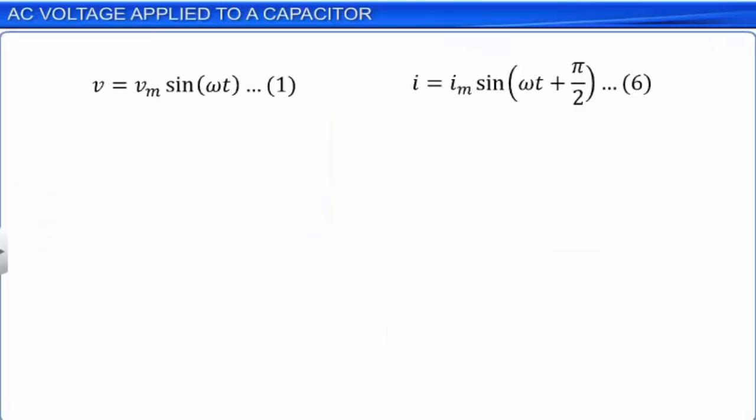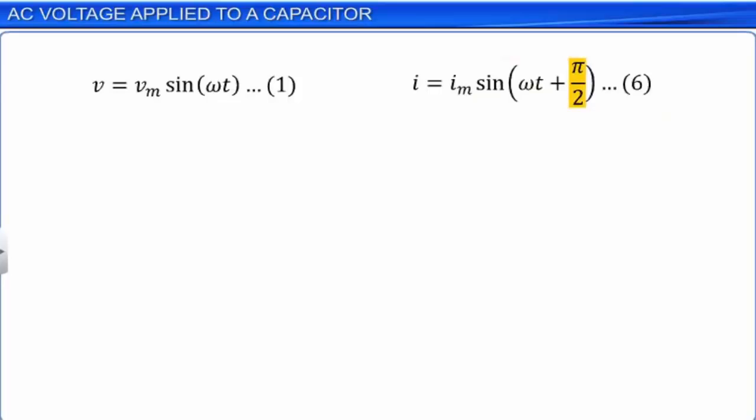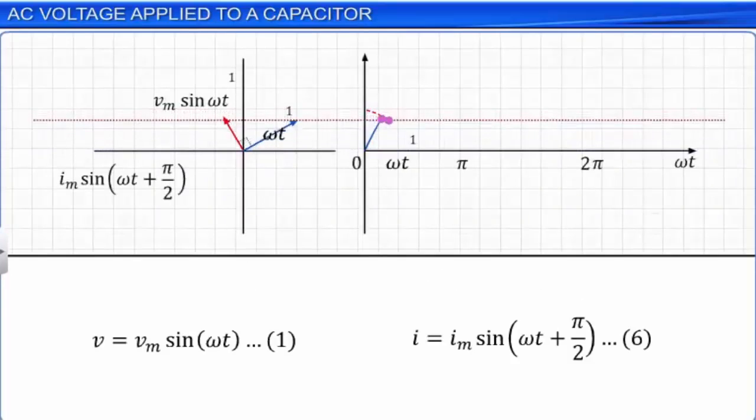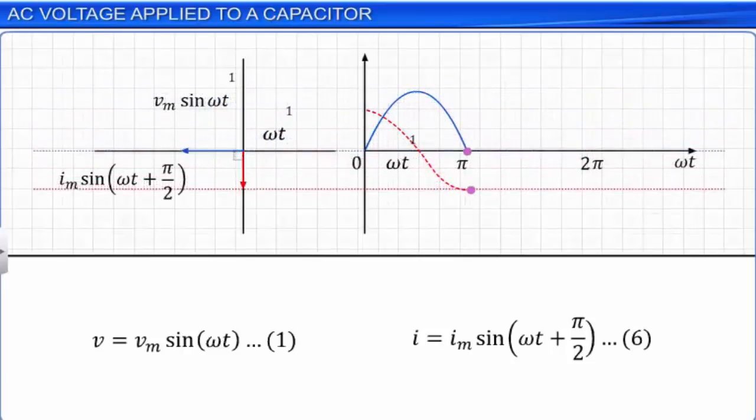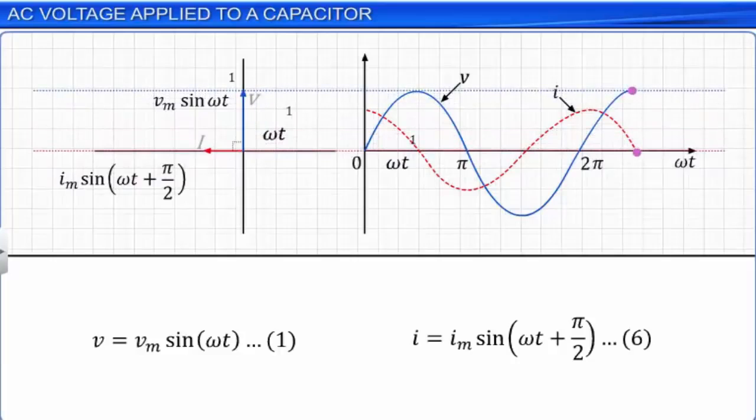On close inspection of equations 1 and 6, which are derived for the value of current in the circuit, we can see that the current leads the voltage in phase by π/2. The phasor diagrams for analyzing the relationship of lead or lag between current and voltage are as shown.